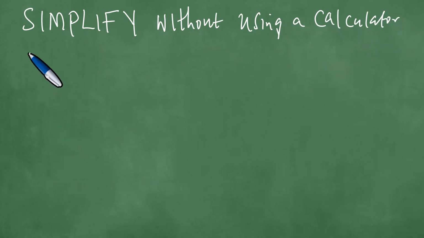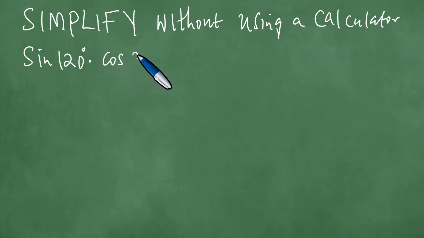So we have the sine of 120 degrees times the cosine of 210 degrees times the tangent of 315 degrees.